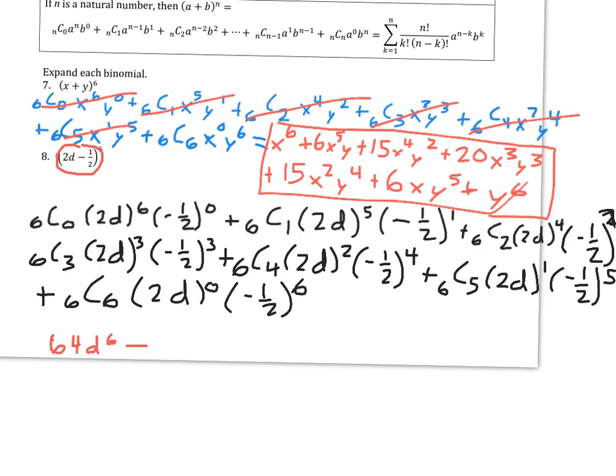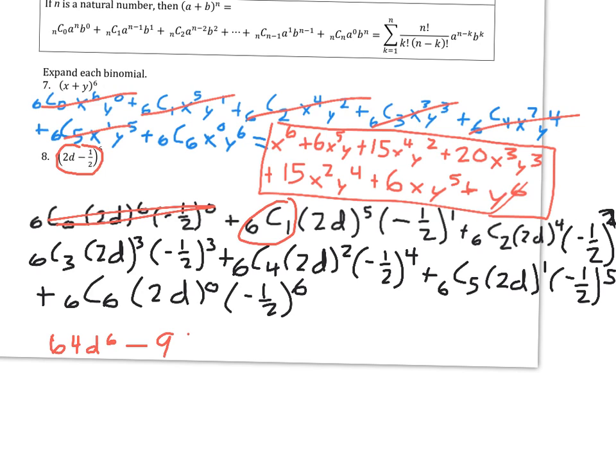Alright, so what is 6c1? This is 6. Let me cross this out because we already did that. That is 6. 2 to the 5th is 32, and then we have to multiply that by 1/2. So 6 times 32 times 1/2. 32 times 1/2 is 16. 16 times 6 is 96.